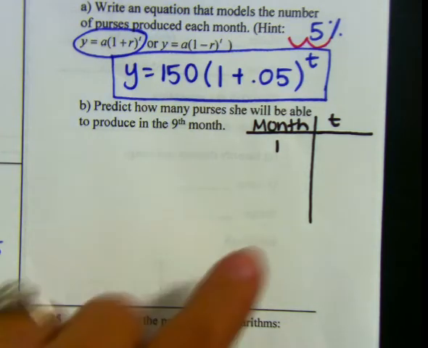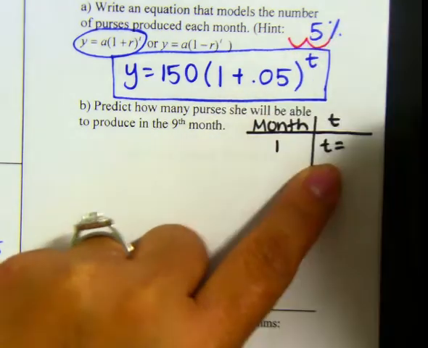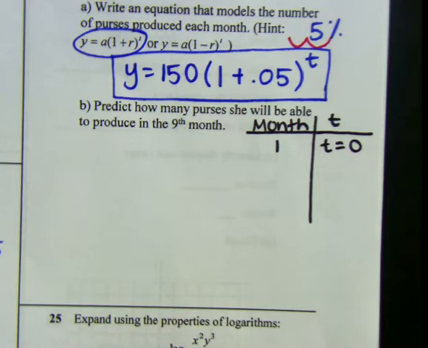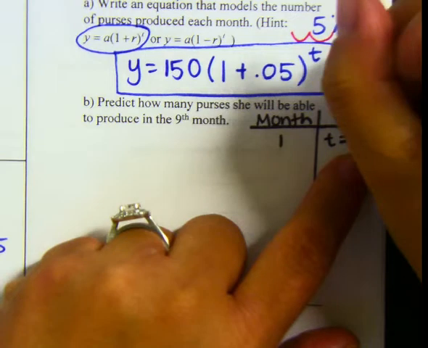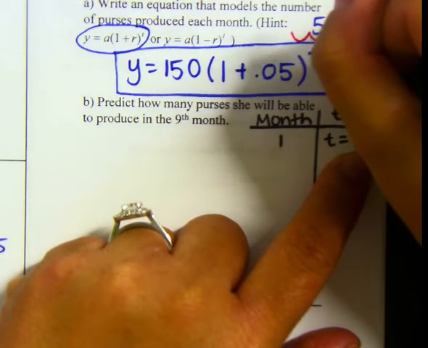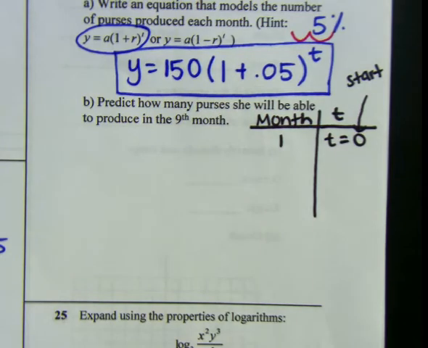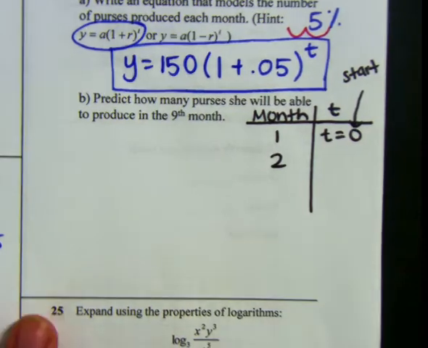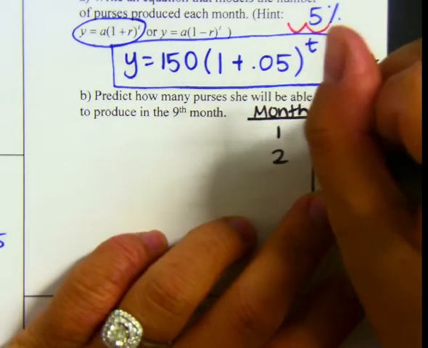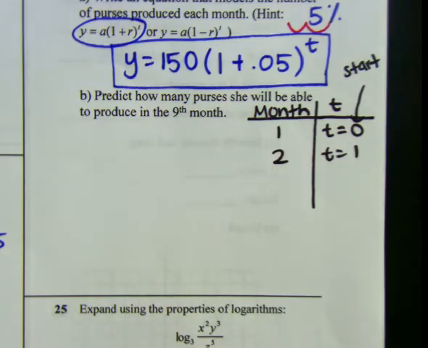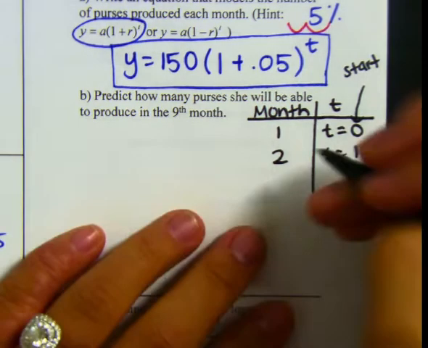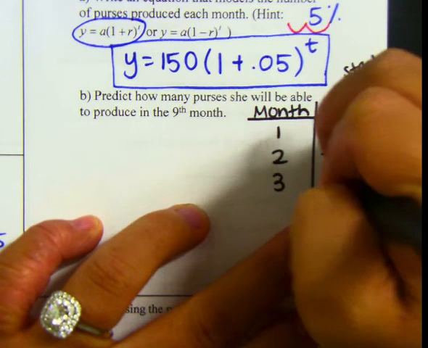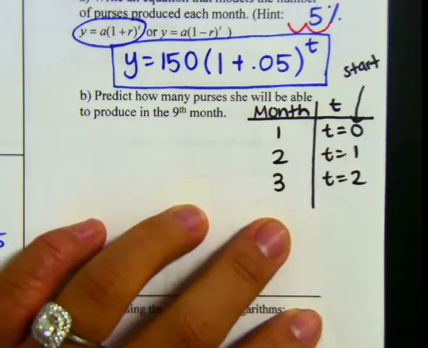So we say that T is not 1, it's 0 because that's the start. So she starts at T equals 0. That's how much she started with the first month. After the second month, she produces more purses, so we say T equals 1. The third month, we say T equals 2.